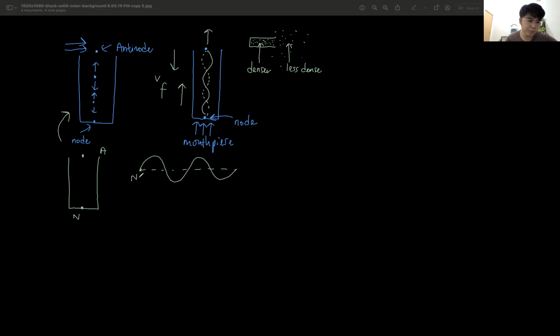We have the first node. Where is the next antinode? The closest antinode would be this one, right? So your wave looks like only this, a quarter. A quarter is the first pattern. A quarter of the wave can be fit between this N and A.